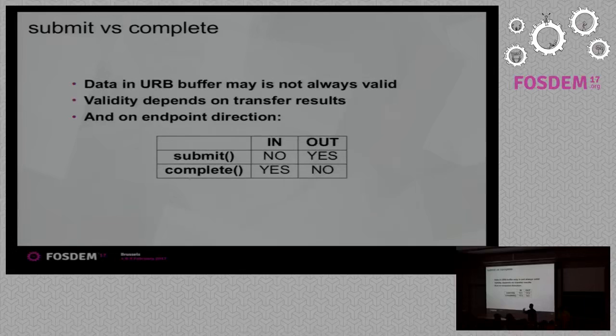If your driver is sending data, in URB complete you may have nothing. In URB submit, you have the whole buffer, which is important to you. If your driver is waiting for data, then there is no point in checking the buffer on URB submit, because there is rubbish, nothing more than rubbish.